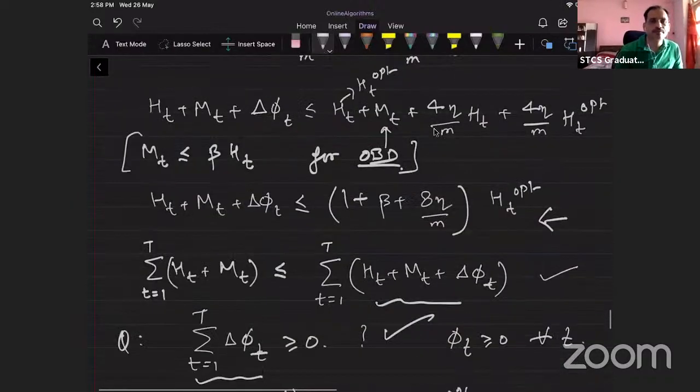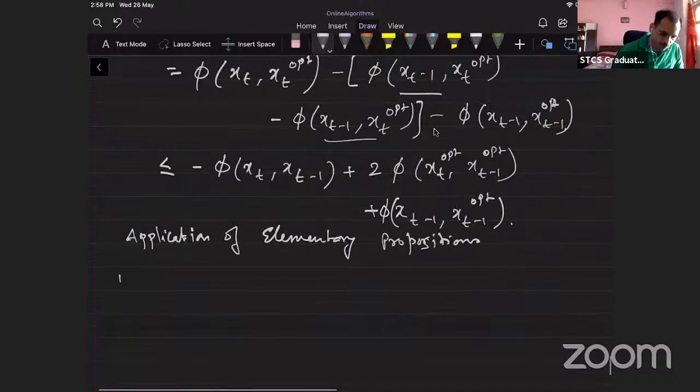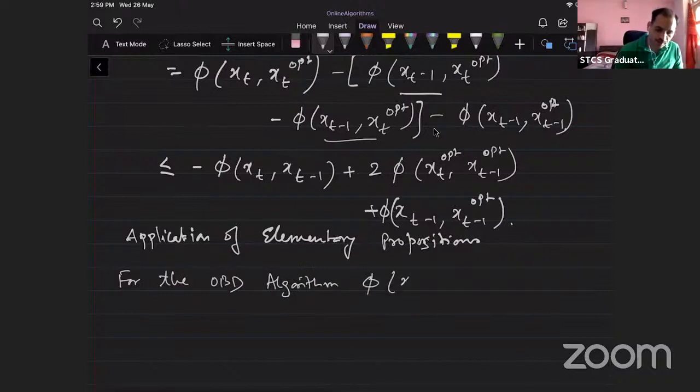All right. So now tell me something more. For the OBD algorithm, how much is phi of XT comma XT minus 1 equal to? Eta times how much?